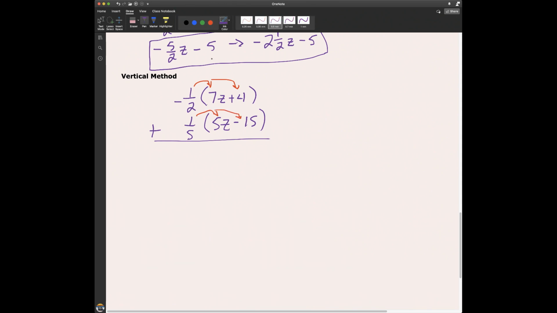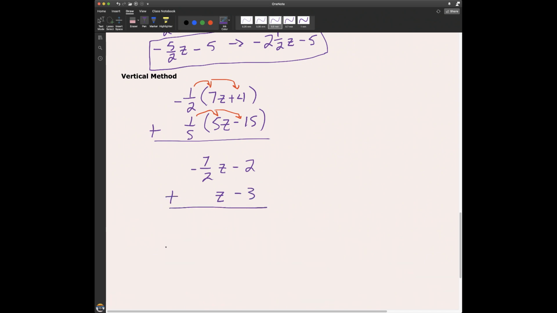So let's do that. Negative 1/2 times 7z is just negative 7/2 z. Negative 1/2 times positive 4 is just negative 2. And then 1/5 times 5z is just z. And then 1/5 times negative 15 is negative 3. And remember, I'm adding these linear expressions together.